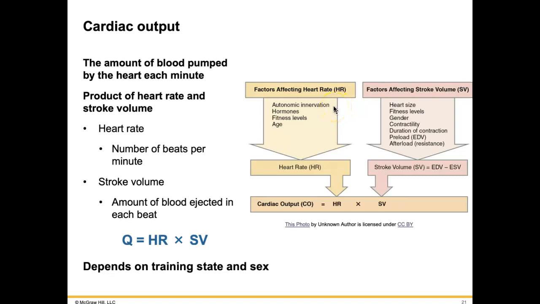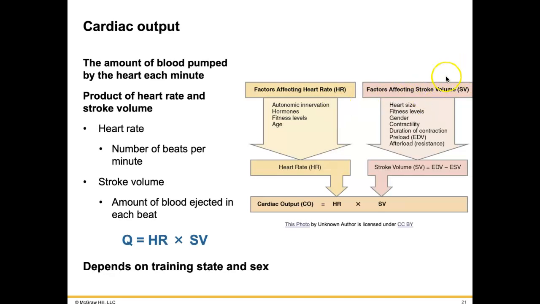We know that the sympathetic nervous system will increase heart rate, and if we have more of our parasympathetic nervous system, our rest and digest nervous system, it is going to decrease our heart rate, or not decrease it too much, but keep it at a steady rate. So somewhere usually around 70 beats per minute. And hormones can also influence it, our fitness levels and age. And we're going to take a look at some of these numbers on the next slide.